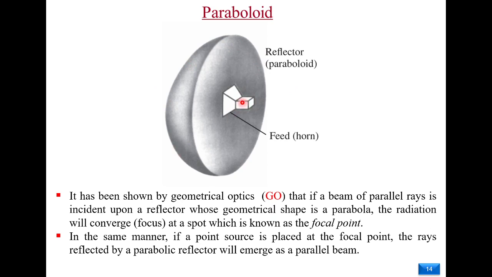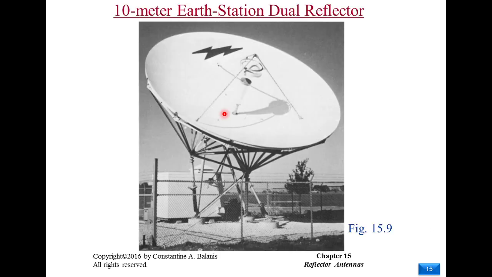So this is when receiving, and from reciprocity we can think about the transmission the same way. If this focal point is emitting a signal that is illuminating the reflector, this would result in a transmitted wave that is going parallel out of this reflector, which has a large area, and it is very useful in satellite communication, for example, or point-to-point communication.